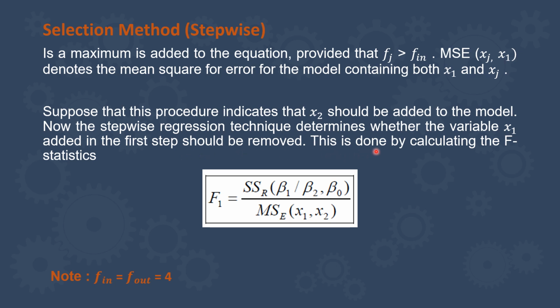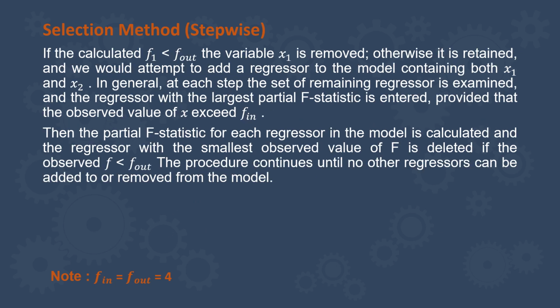This is done by calculating the F statistic as in this expression. If the partial F statistic is less than F out, our F out is 4, the variable included in the first step, x1, will be removed. Otherwise, it is retained.